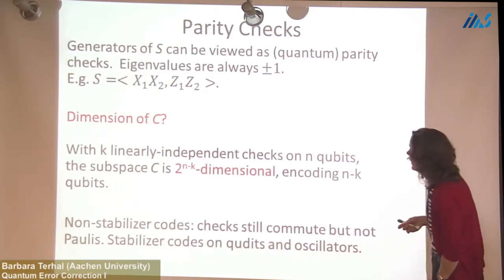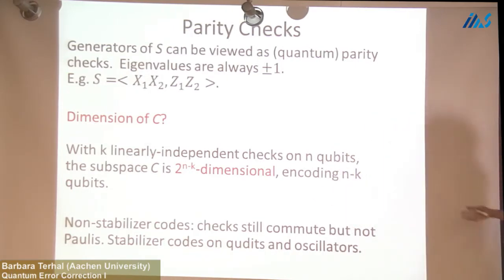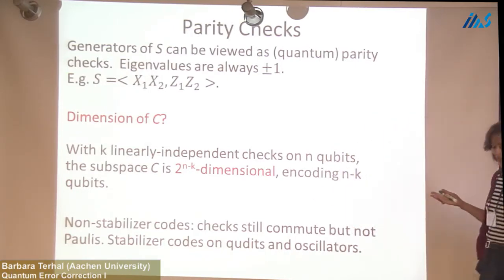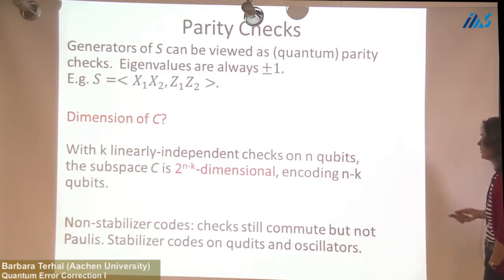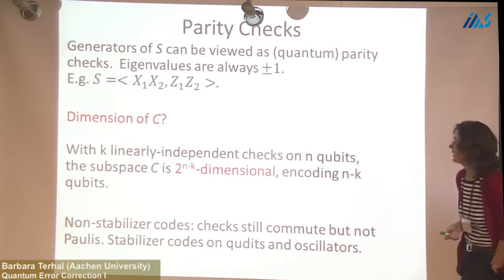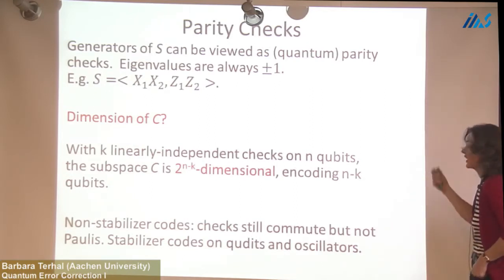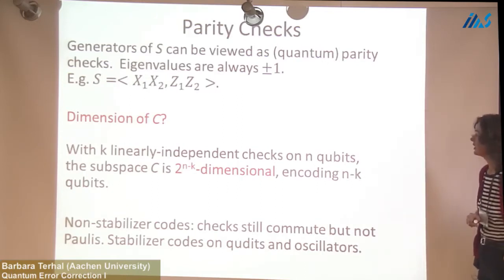So if I give you a bunch of parity checks and I say these are my generators of my stabilizer group, and I ask you what is the dimension of the space that's stabilized by this group, what is the answer? That is nice about stabilizer codes, that there is a very direct answer to this.